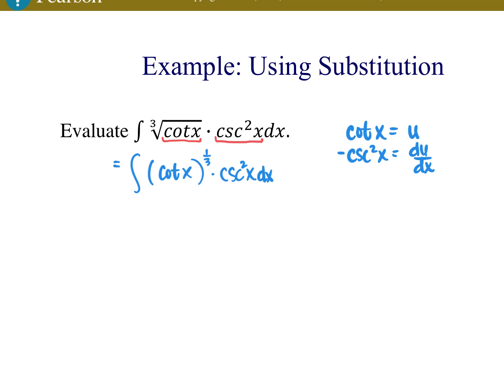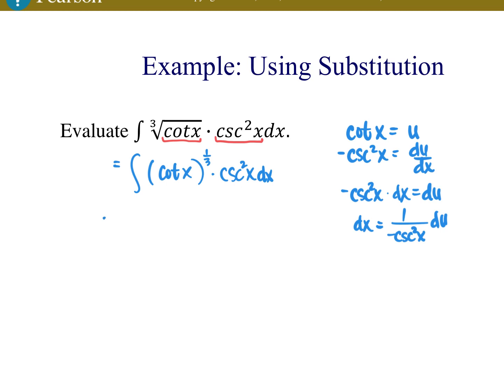So we cross multiply: negative cosecant squared x with a dx on it equals du. So dx by itself is 1 over negative cosecant squared times du.